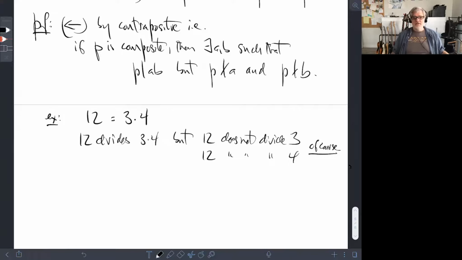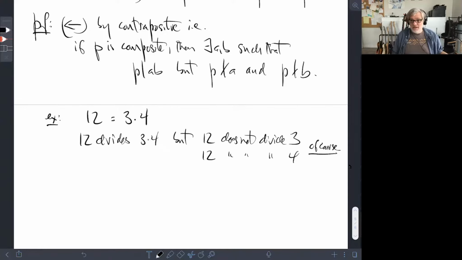It's too big, right? This is an obvious statement. 12, not being prime, can be written as the product of two numbers which are smaller than 12, both of them. And so 12 divides this product. It's actually equal to that product, but it can't divide any of them because they're too small.